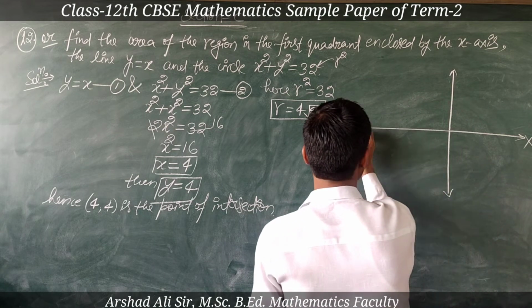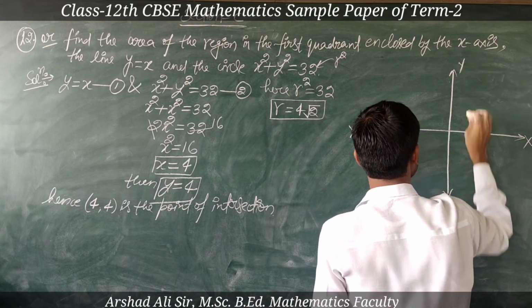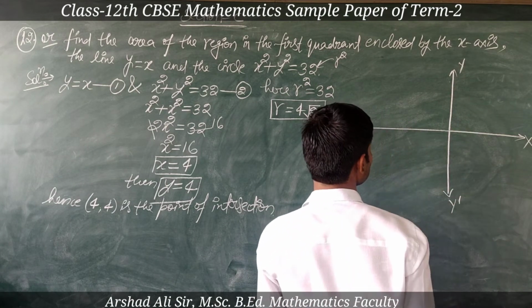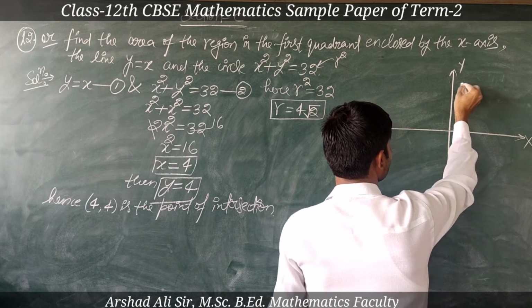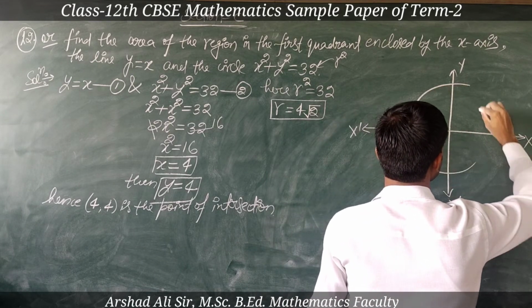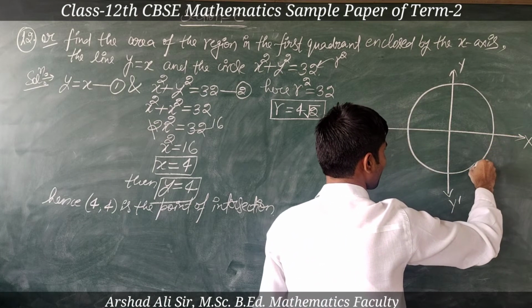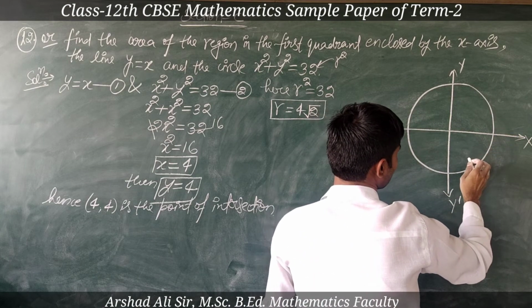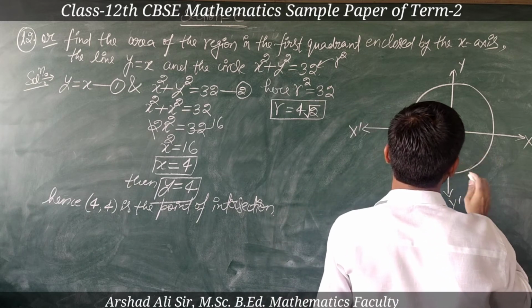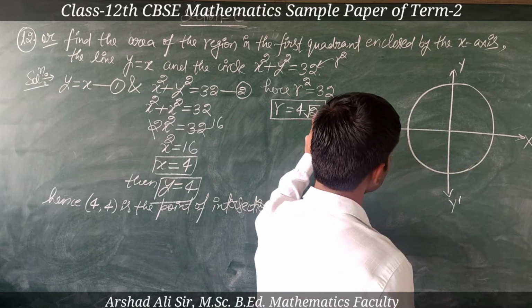X axis, x dash, y axis, and negative direction of y, that is y dash. Okay, so it is the circle with radius 4 root 2.